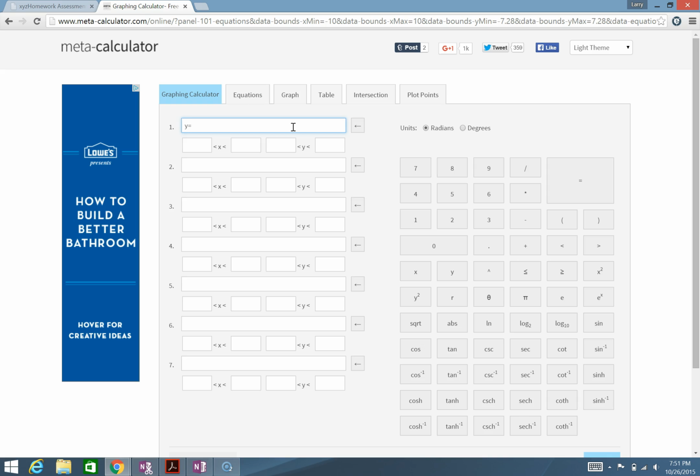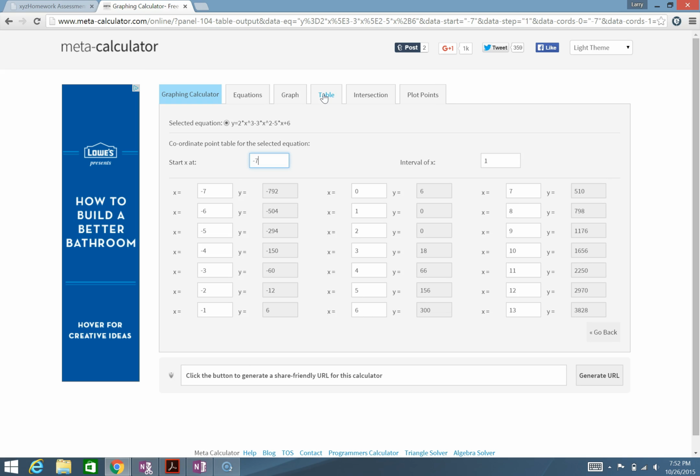So instead of 0, I'm replacing it with y. 2x to the third, minus 3x quantity squared, minus 5x, plus 6.